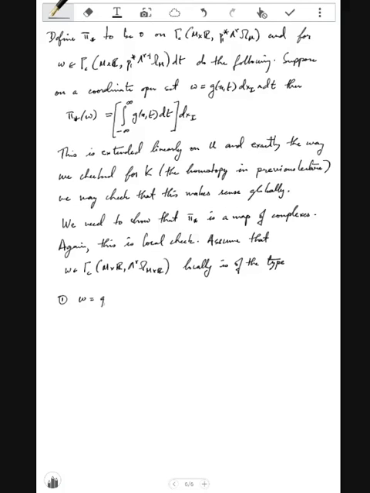Omega is equal to G dxi, or it's going to be a finite linear combination of things of this type.